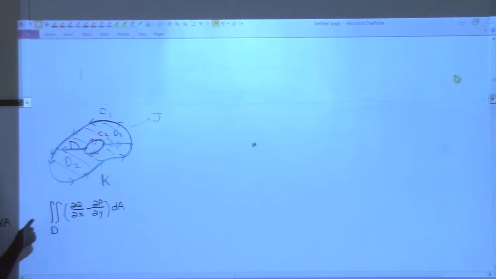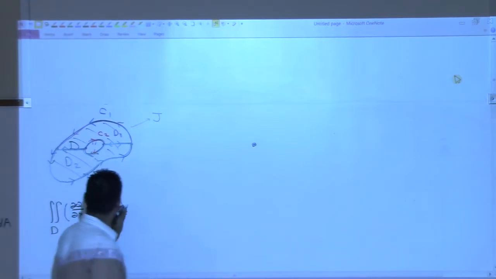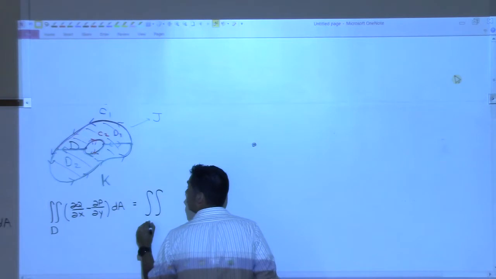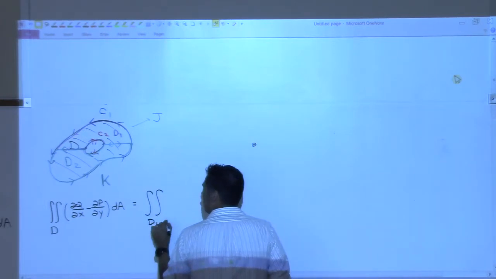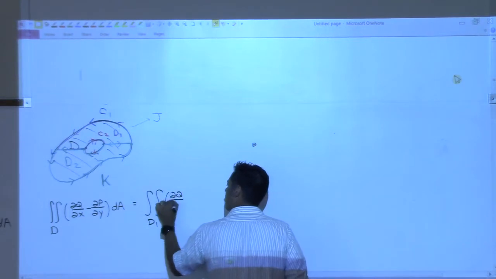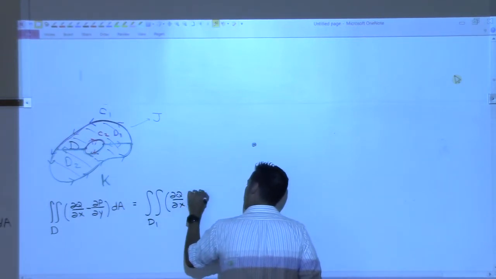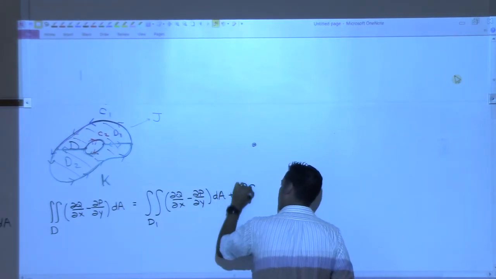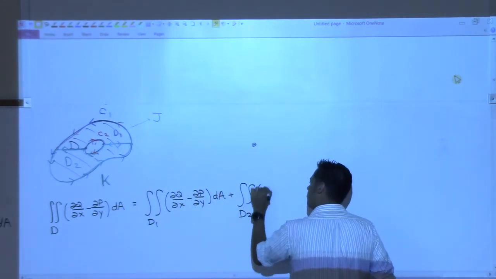So we learned about double integrals over regions, that if you can split the region up into two smaller regions, then it should be this plus this.